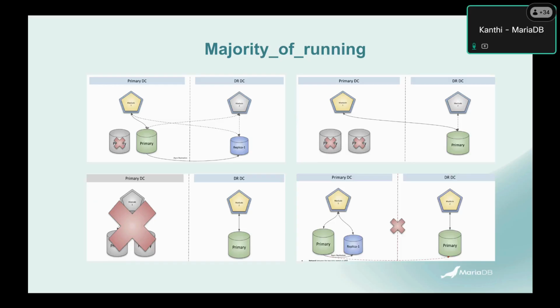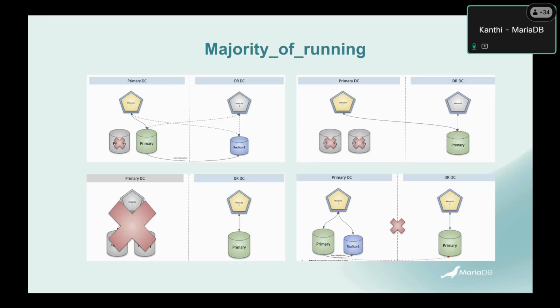between DC and DR, what happens, right? So even though all the data servers, all the nodes are running, so in essence, you have got 3 nodes, but because there is no network connectivity between DC and DR, MaxScale 1 is able to see only 2 nodes, right? And MaxScale 2 is able to see just only 1 node.